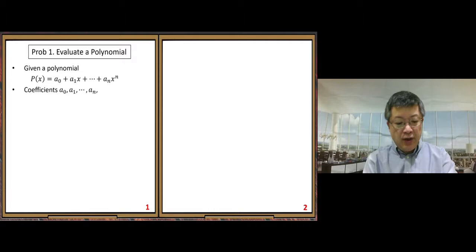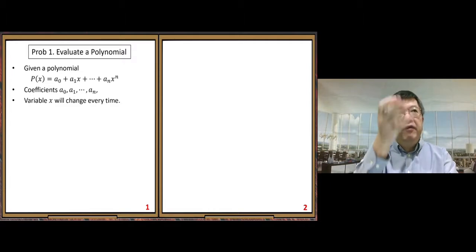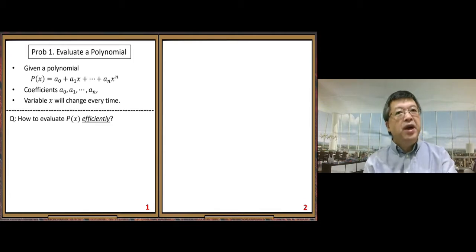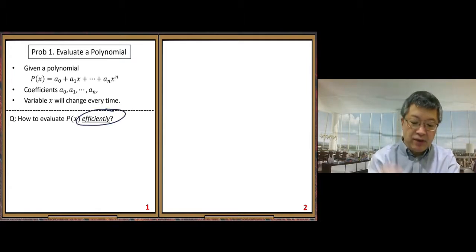After that, given a variable x, we can do the polynomial evaluation. All right, so now the question: how to evaluate p of x efficiently?